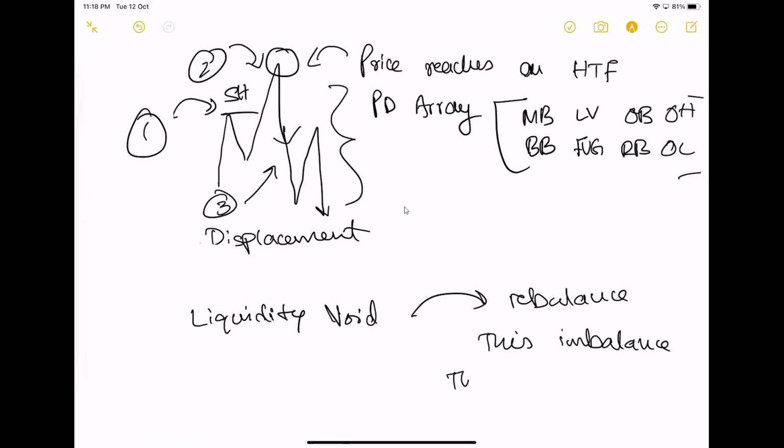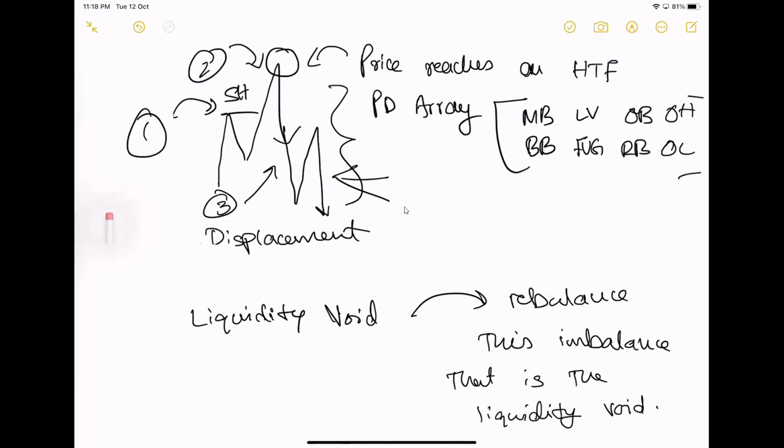That is the liquidity void. So that is why price comes back up. And of course, then you will use your PDRAs, the breaker, mitigation block, whatever, for your entry.